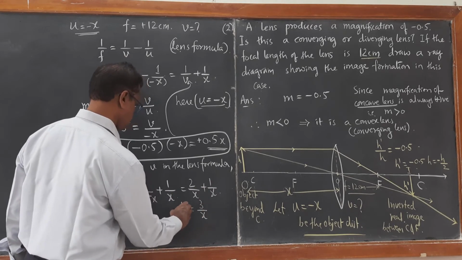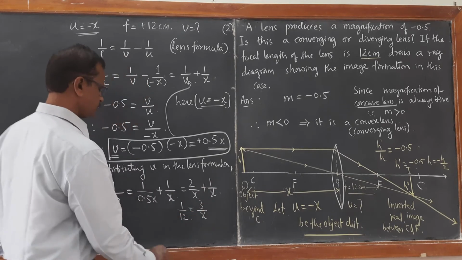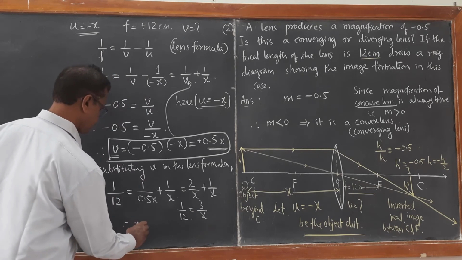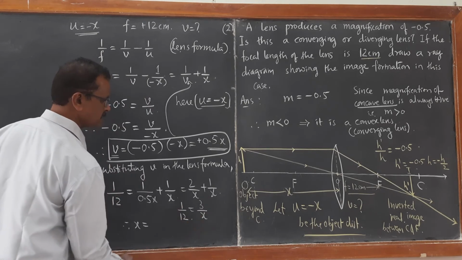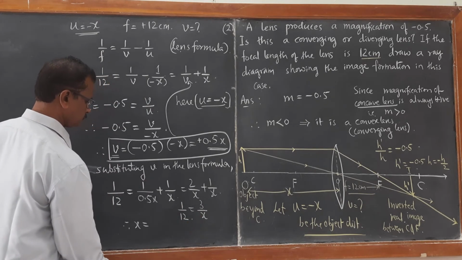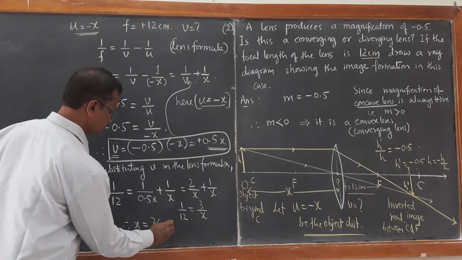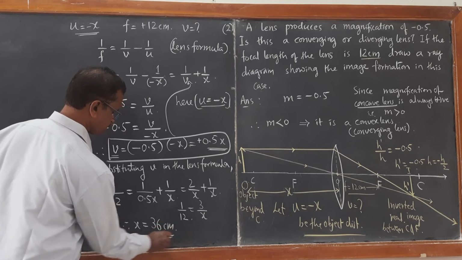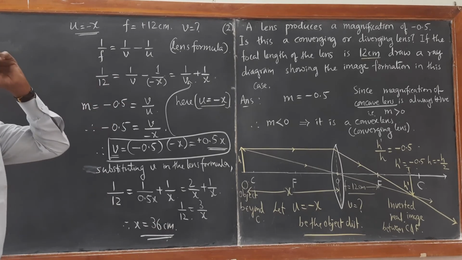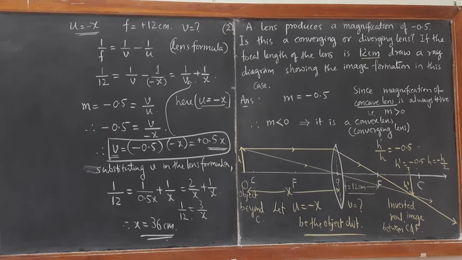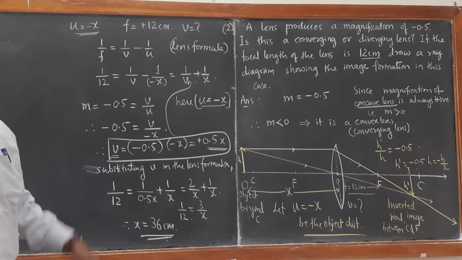3 by x is equal to 1 by 12. Therefore x is equal to 12 threes are 36 centimeters. So x is equal to 36 centimeters means what is the object distance then? Minus 36 centimeters.